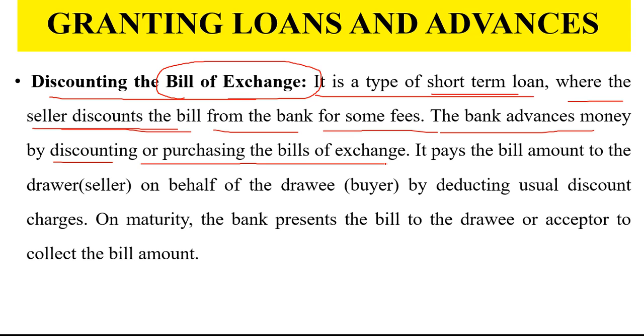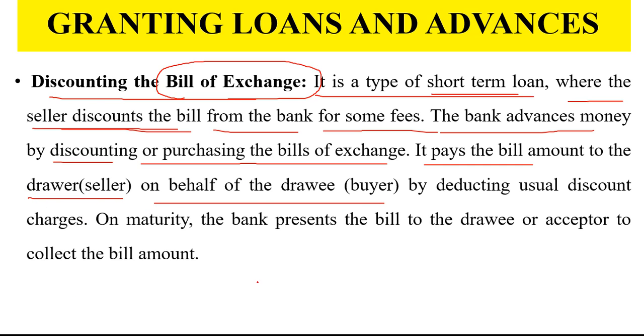But in the time period of 90 days, the seller requires money. So what does the seller do? He will go to the bank and discount that bill, and the bank will pay the money to the seller. So it pays the bill amount to the seller on behalf of the drawee.